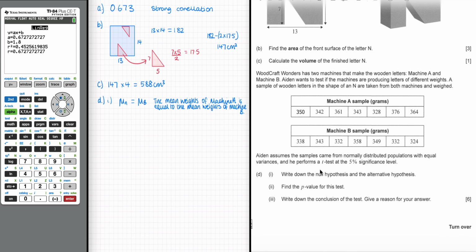It's really great if you can do both, because then that covers your back. So that's the null hypothesis.